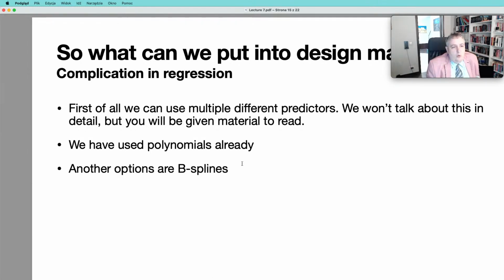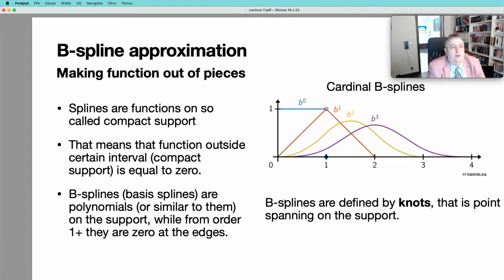So what are B-splines? B-splines are so-called basis spline functions, which are defined by the knots, and generally this is a universal method of approximating functions, where we approximate a function as a sum of functions that are 0 outside a certain interval. For example, in this case, it will be the interval of 0 to 4, for which we have defined 4 basic cardinal basis functions that are representing our result.